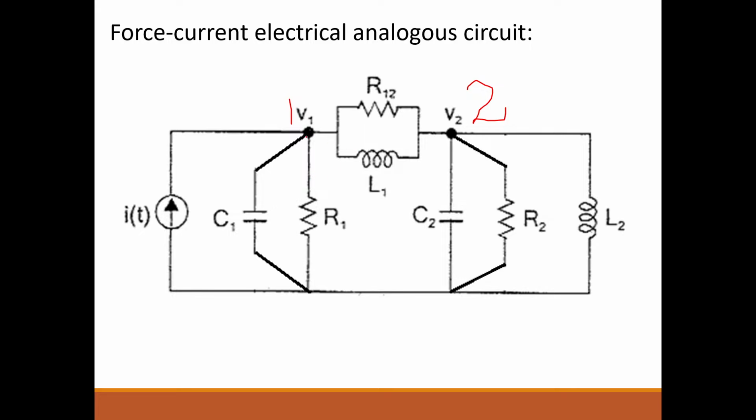Similarly, nodal equation at node 2. At node 2 there is no source. So 0 is equal to C2 into d by dt of V2 plus 1 by R2 into V2 plus 1 by L2 integral of V2 dt plus 1 by R12 into V2 minus V1 plus 1 by L1 integral of V2 minus V1 dt.